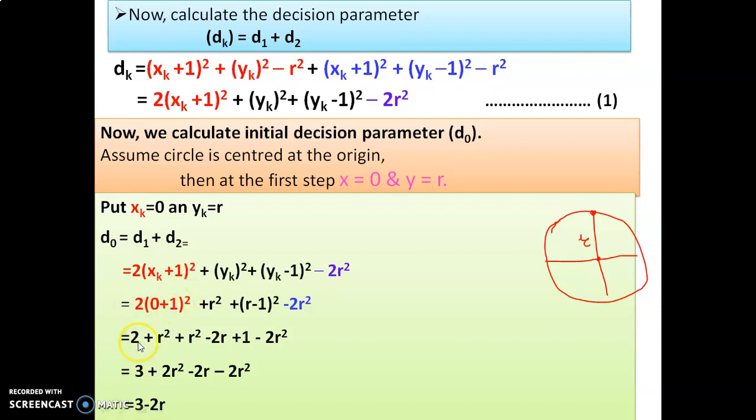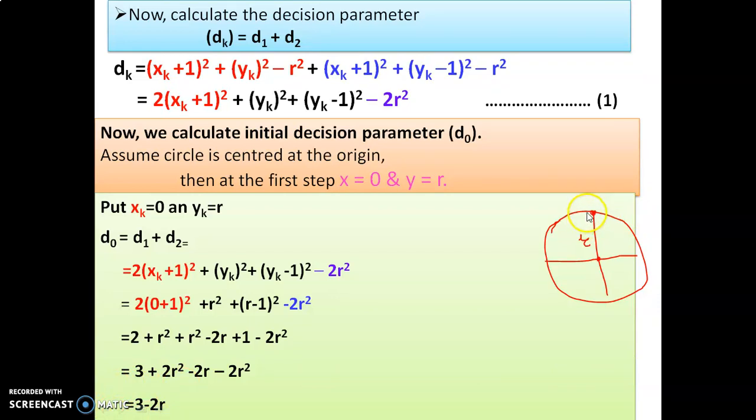So 2 into 1 is 2, then r square plus, now we expand this term, (r minus 1) square is r square minus 2r plus 1, minus 2r square. So by solving it, 2 plus 1 becomes 3, r square plus r square is 2r square, minus 2r, minus 2r square. So this 2r square and 2r square get cancelled, and we get the initial decision parameter as 3 minus 2r.